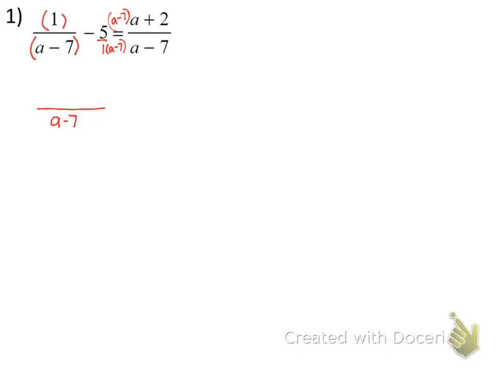Numerator, I have a 1 here, but I want to worry about my a's first. We have negative 5 times a is negative 5a. Then we have negative 5 times negative 7 is positive 35, plus 1, positive 36.